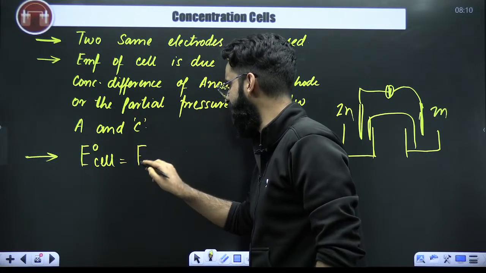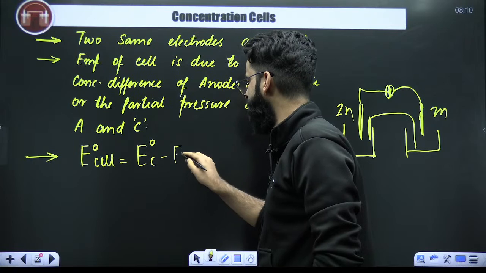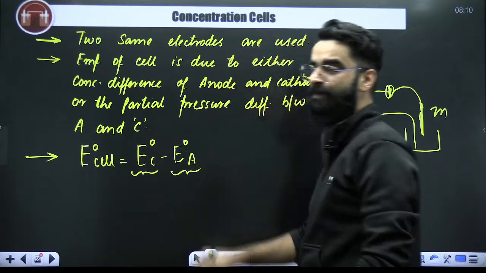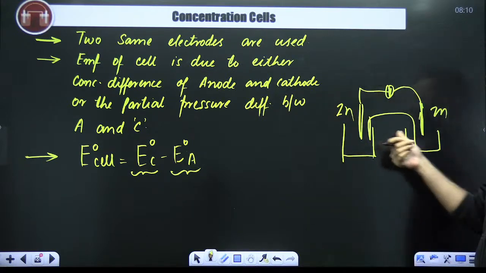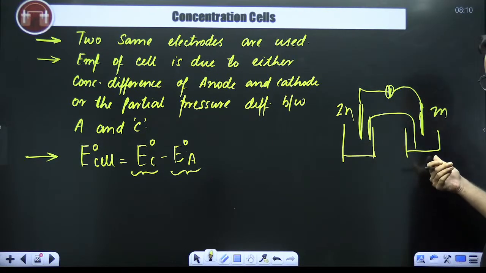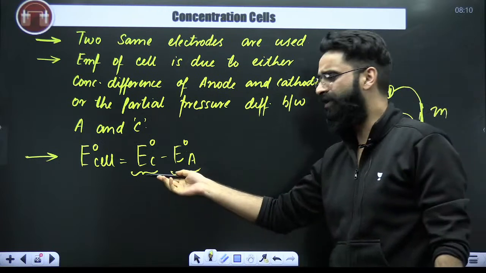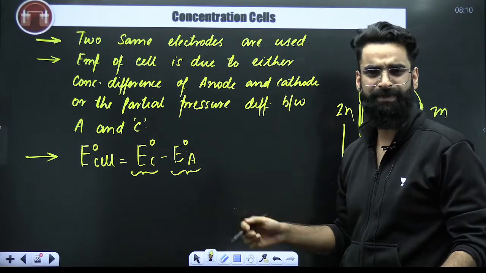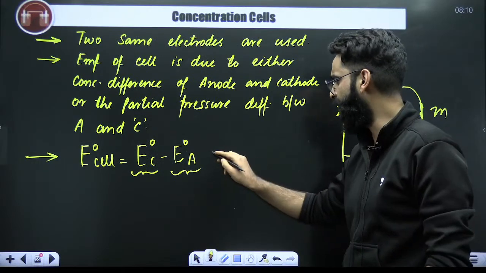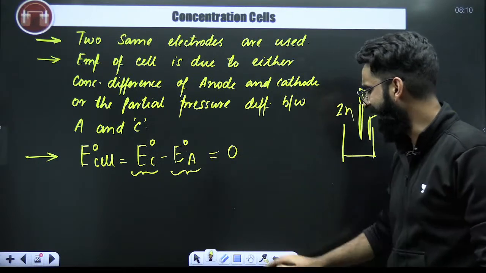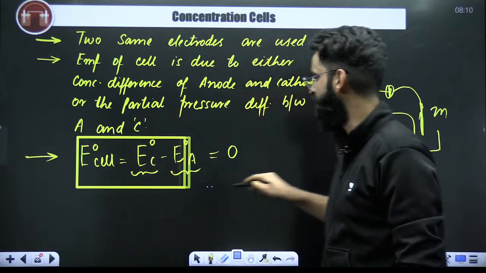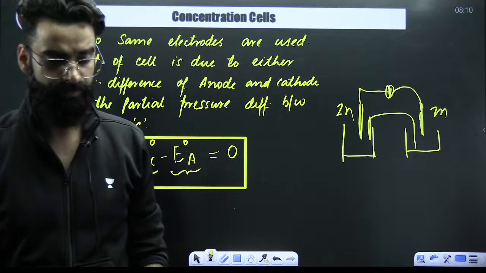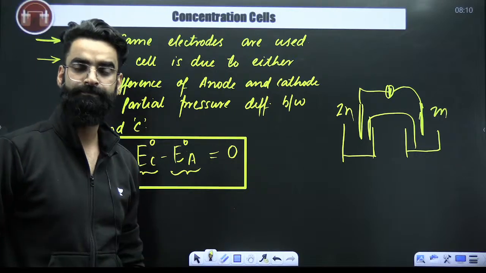E naught cell is basically E naught of cathode minus E naught of anode, so SRP of cathode minus SRP of anode. Now cathode and anode are the same, zinc and zinc, so their SRP values will also be the same. So the first point you need to know is that E naught cell in case of concentration cells will be equal to 0.